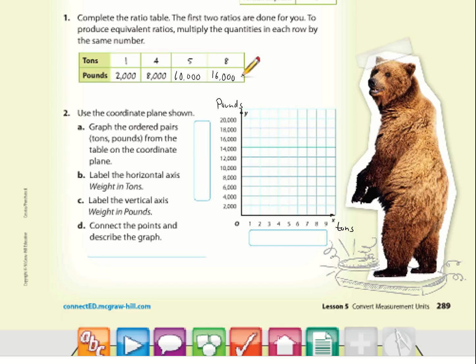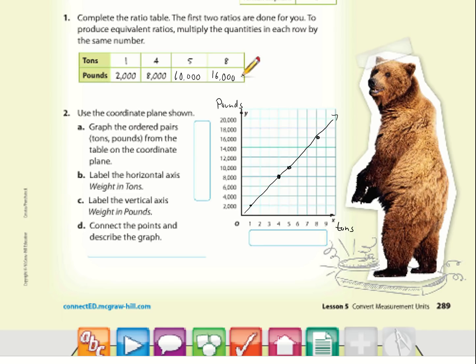So at 1 ton, we're at 2,000 pounds. At 4 tons, we're at 8,000. At 5 tons, we're at 10,000. And at 8 tons, we're at 16,000. The graph is going to be a constant straight line.